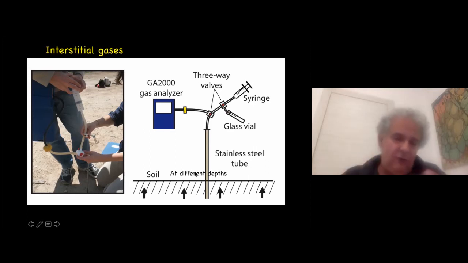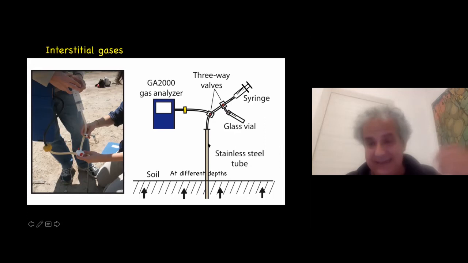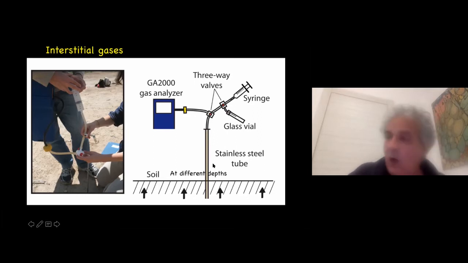So in order to avoid the interference with the atmosphere, you may put inside the soil a stainless steel tube at different depths. Usually, in our case, we use 20 and 50 centimeter depth.